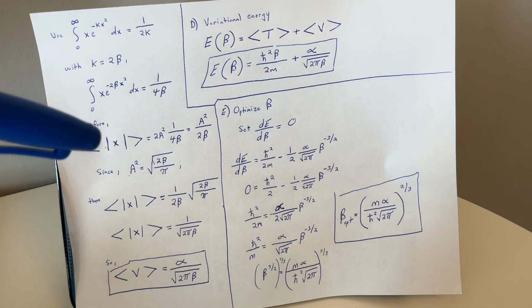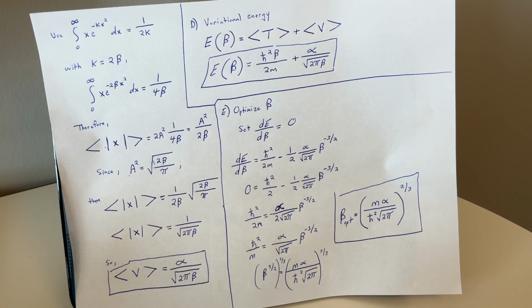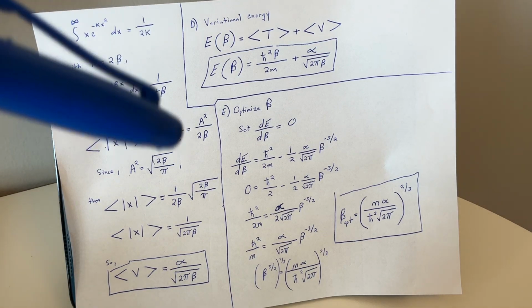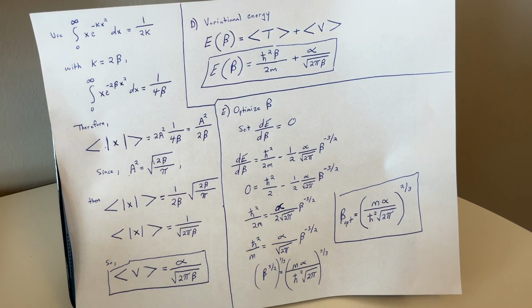Therefore the expectation value of modulus x is equal to 2a squared times 1 over 4 beta. We get a squared over 2 beta.